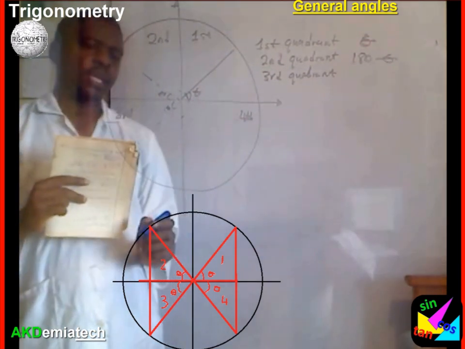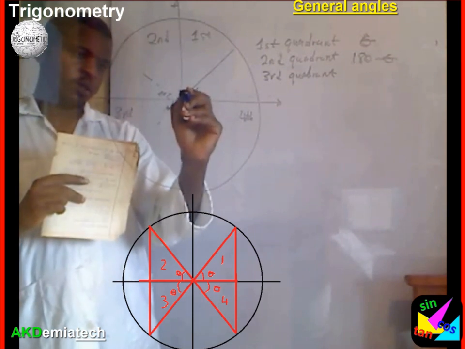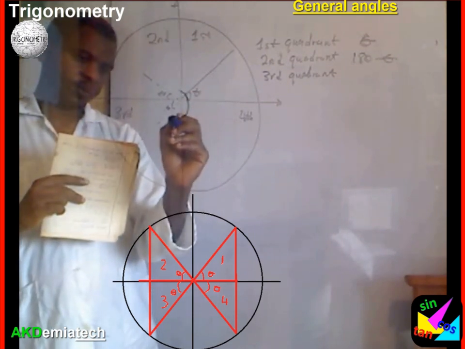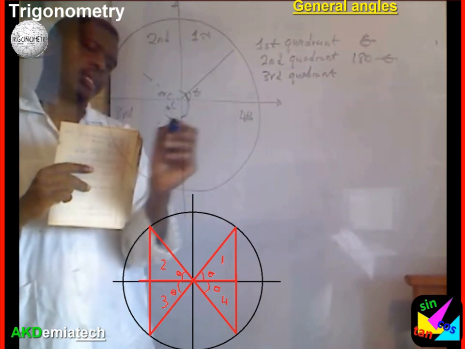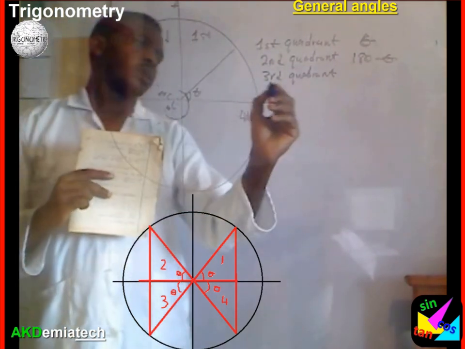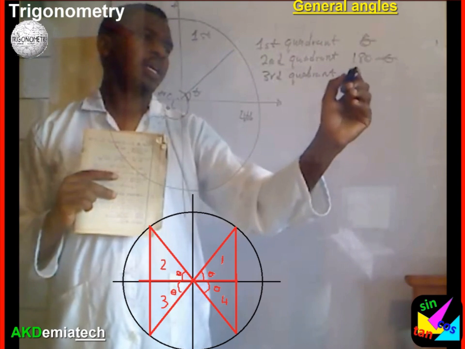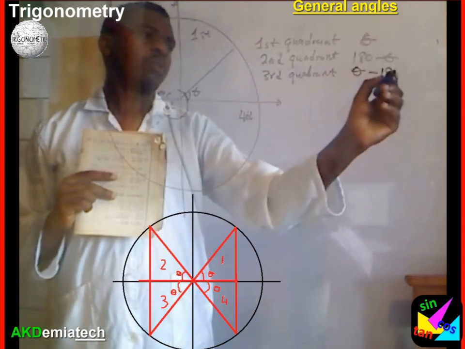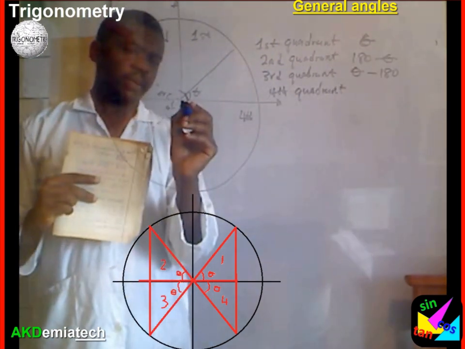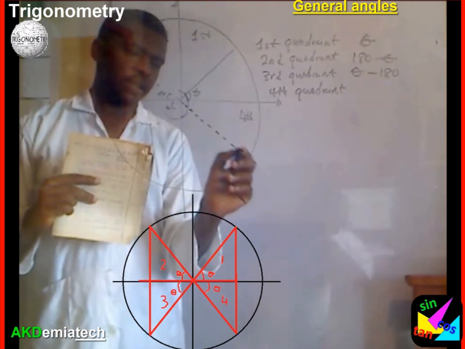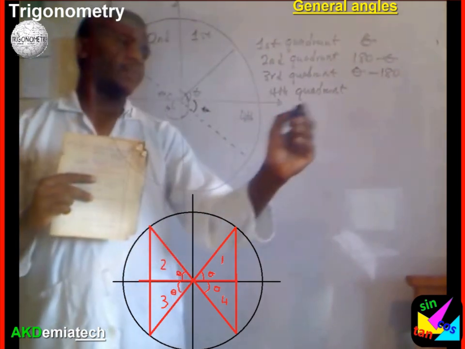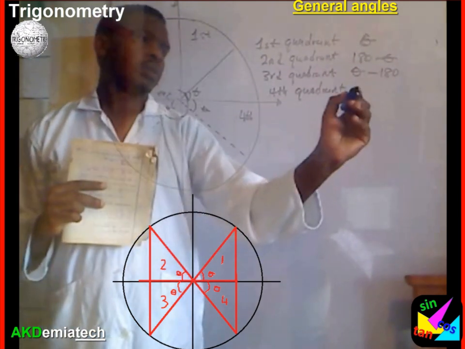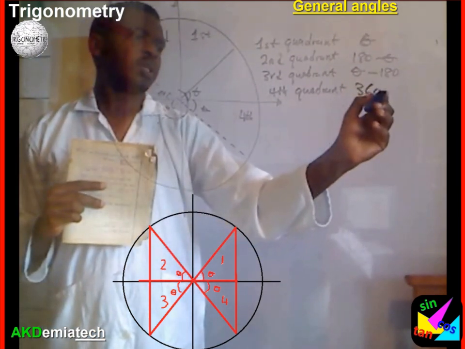For the third quadrant, we are going all this way. So this is already 180 and theta here. So third quadrant is given by theta minus 180. This is the angle here, theta. Fourth quadrant is given by 360 degrees minus theta.